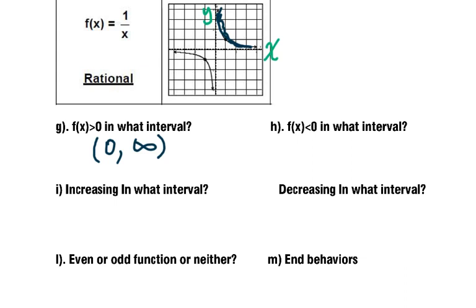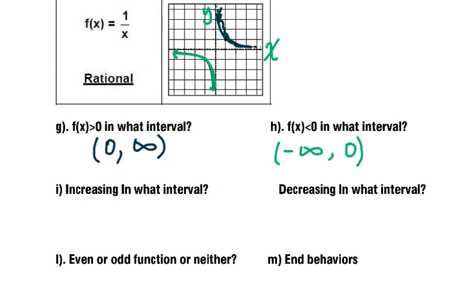And for what interval is f(x) less than 0? You could see this graph is below the x-axis. So the very left point will be negative infinity, then goes to 0.